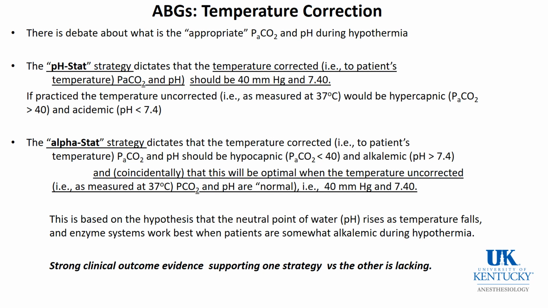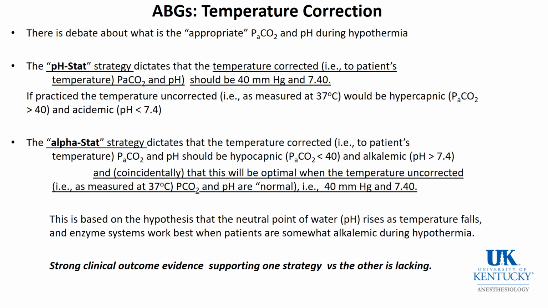However, in the 1980s, it was discovered or suggested that, in fact, organs work better when they are alkalotic during hypothermia, that cerebral perfusion is more normal, that heart function is better, and so it was proposed that the patient should be alkalotic when they're hypothermic.